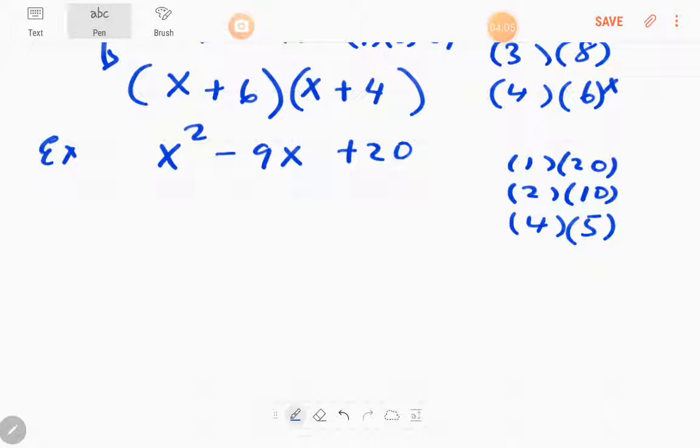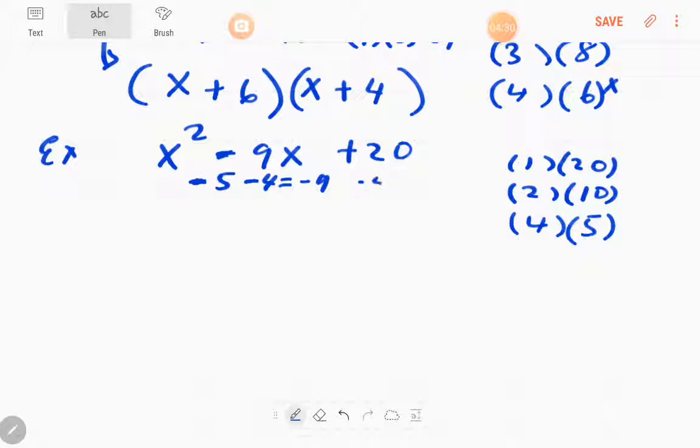So if we took, say 5, we're going to use the sign of the middle term here. So it's a minus. So the biggest number is going to take the same sign as the b in the middle. So we have minus 5. And minus 5 adds with minus 4 to equal minus 9.